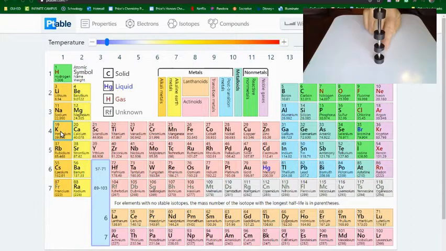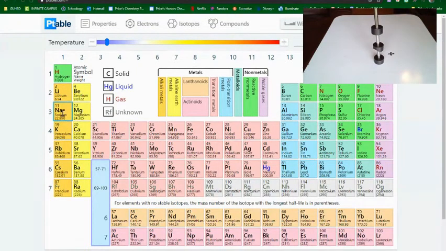Also, the attraction between the nucleus and the outermost energy levels decreases. The nucleus down here is positive, and it is attracting all of these because they're all negative. But the attraction between here and here is decreased because of these middle layers. They do something called electron shielding, and they block the attraction between the nucleus and here, pushing it further and further out. So that's what happens when you go down a group.